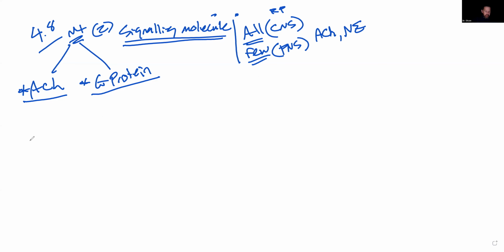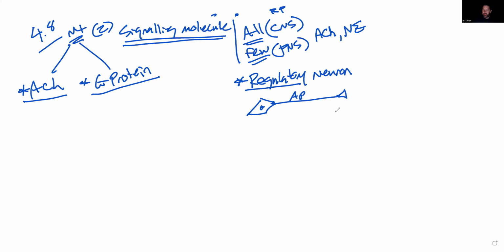Let's talk about something that we call a regulatory neuron. We're not going to go into depth on it, but I just want you to be aware of it. Looking at the generic neuron we have here, we're sending an action potential.